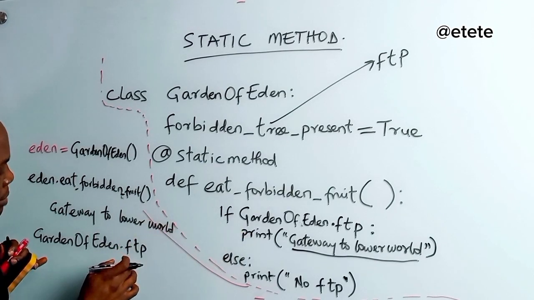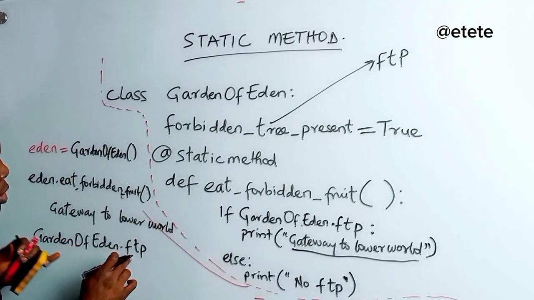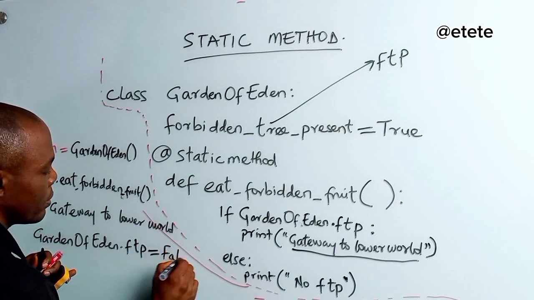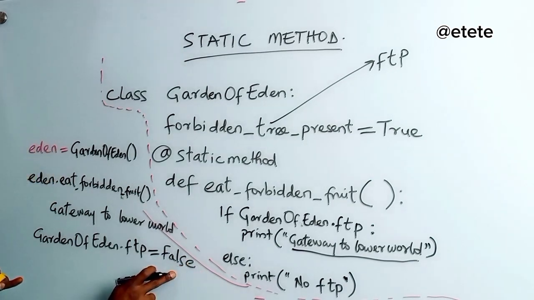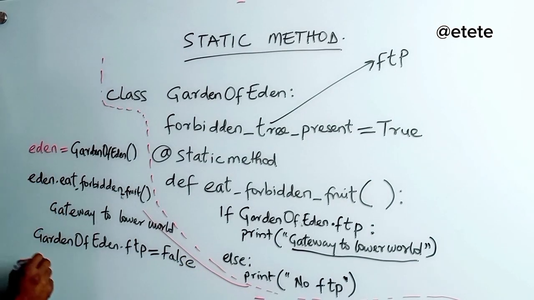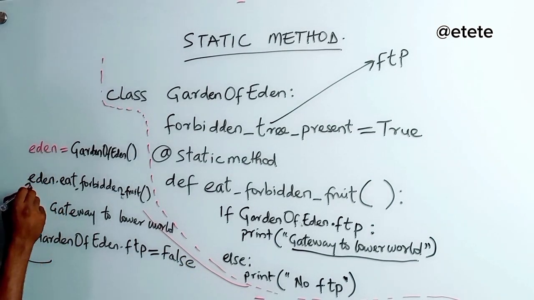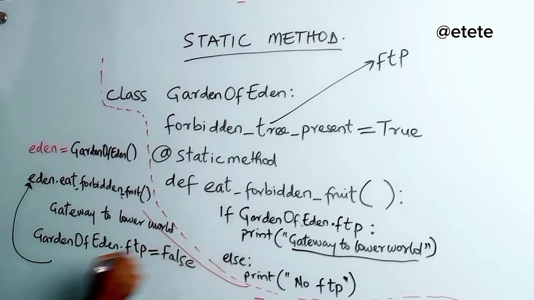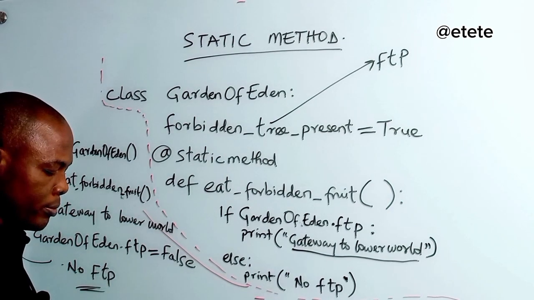Just because of the space, I'm doing that. Garden of Eden dot forbidden tree present, and I change it to false. Right? I change it to false. If I execute this again, it's going to print out no FTP. There is no forbidden fruit present. That's what it's going to print out.